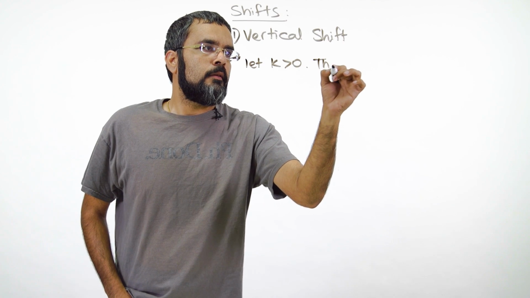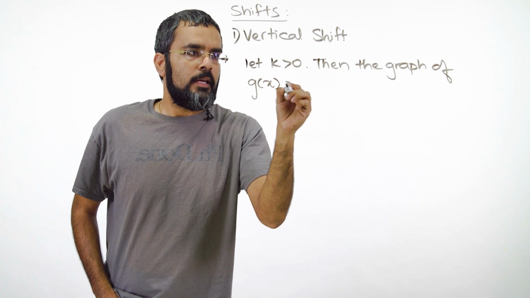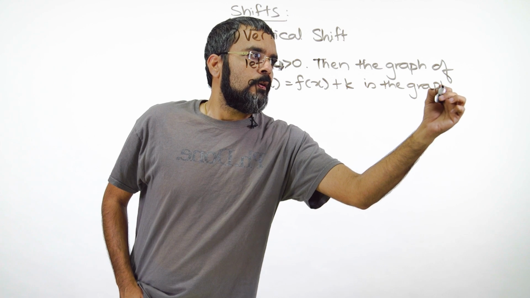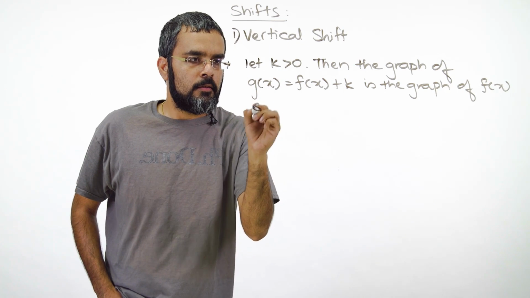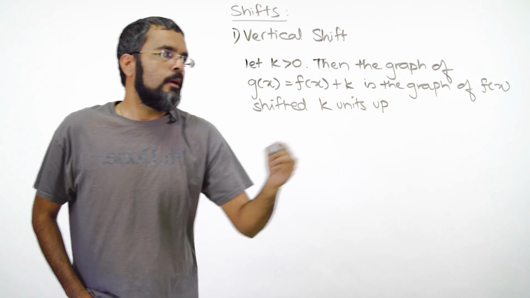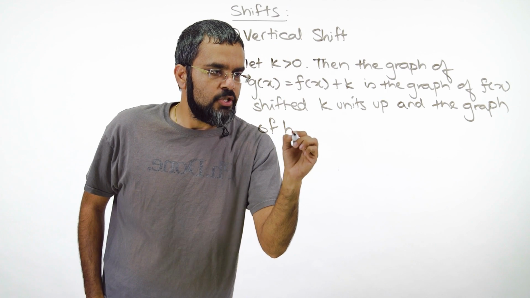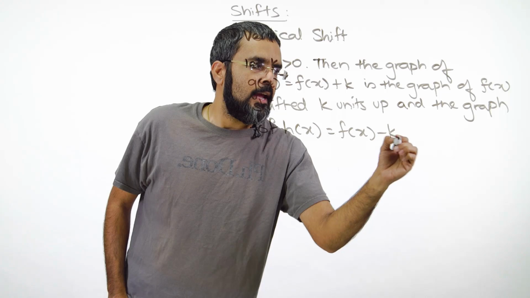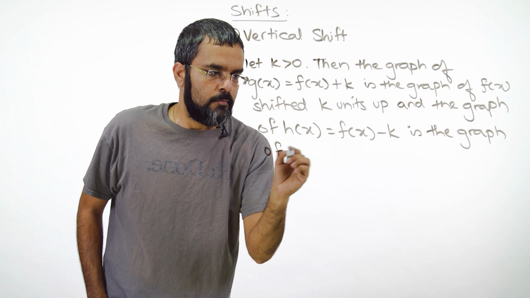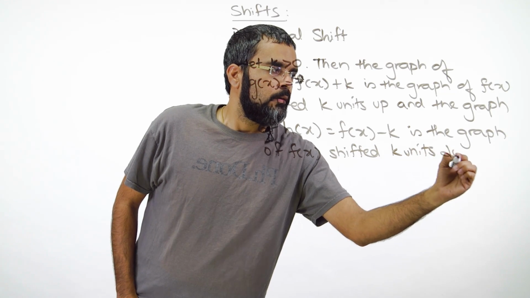Then the graph of g(x) equals f(x) plus k is the graph of f(x) shifted k units up, and the graph of h(x) equals f(x) minus k is the graph of f(x) shifted k units down.